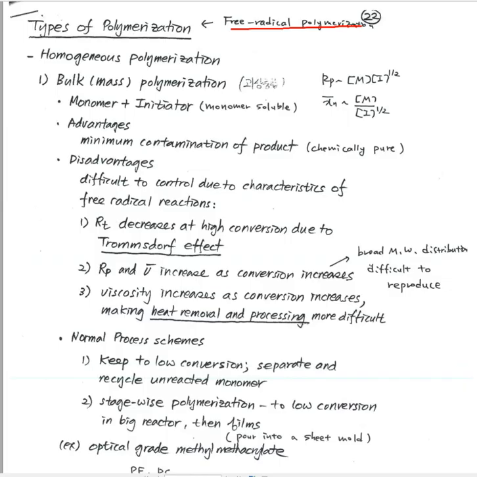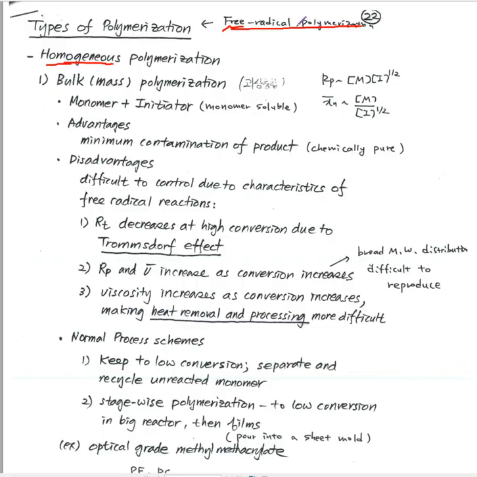Okay, so let's start the part titled Types of Polymerization. Actually, this is the last part of the lecture. So there are mainly 4 different types of polymerization. 2 of them are considered homogeneous, and the other 2 are considered heterogeneous. Okay? And all these 4 types of polymerization are based on free radical polymerization.